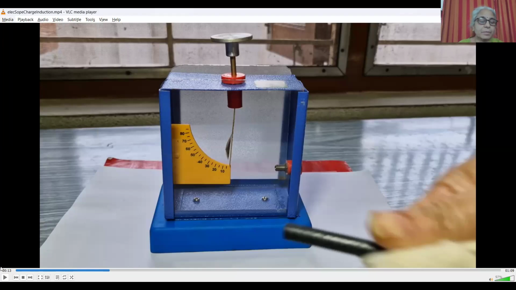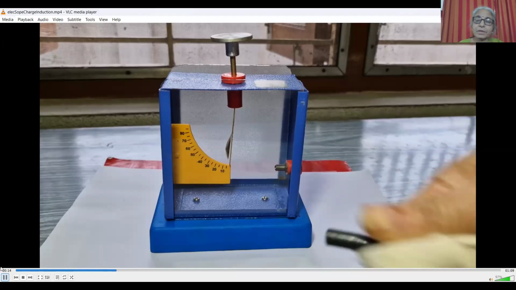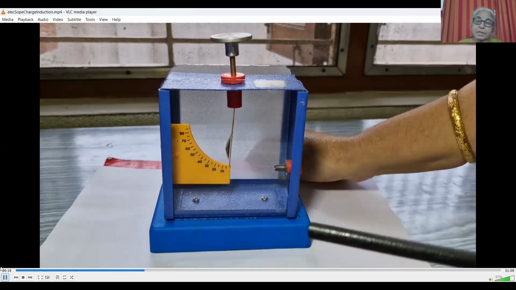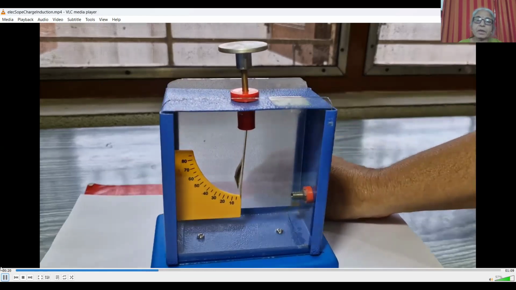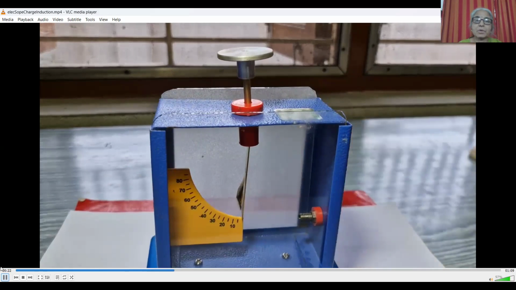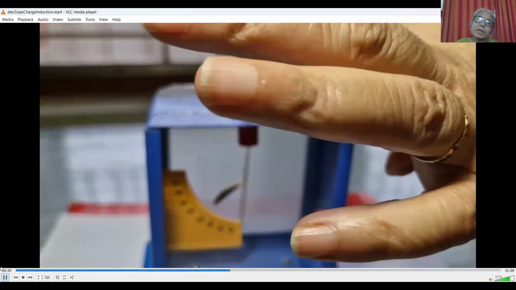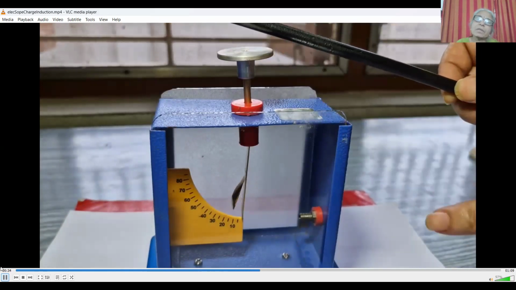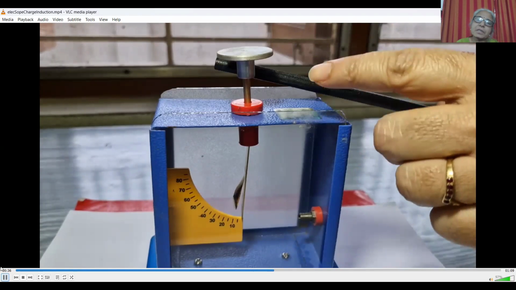So I'm just using an ebonite rod, rubbing it with wool. So the ebonite rod is negatively charged. Now I bring it close to the electroscope, but I do not touch it. Just hold it close to it, and the leaf diverges.